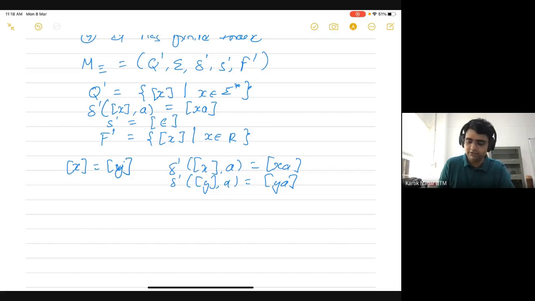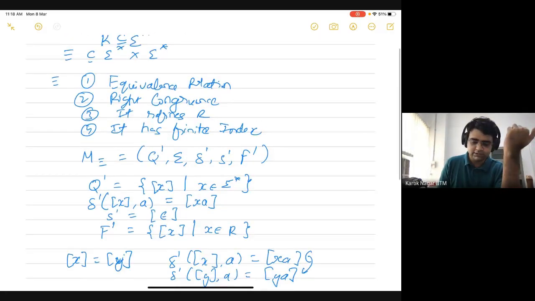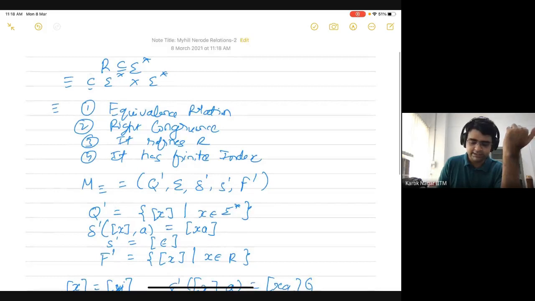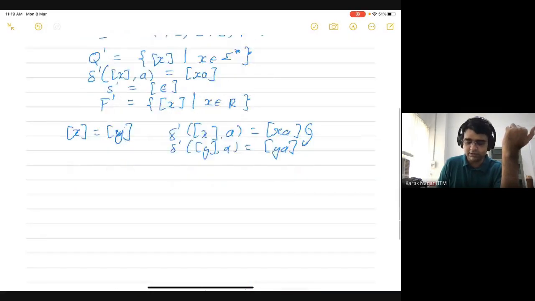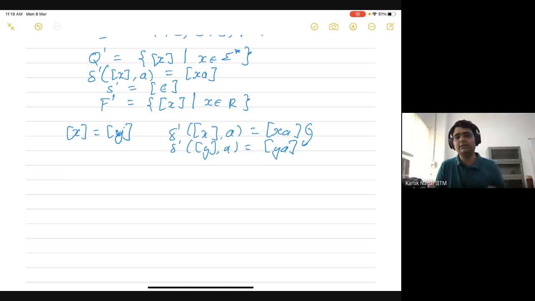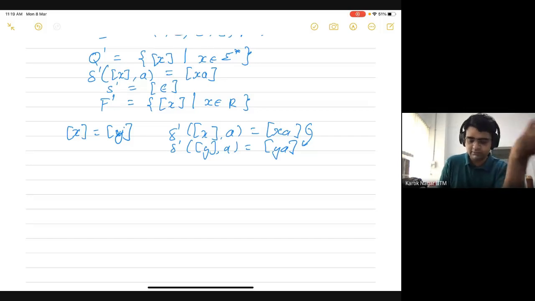So then how do we ensure that these two are the same? Yeah, right congruence. That's correct. Remember that we also assume this property number 2, which says that this relation is a right congruence. So the right congruence property says that if X and Y are related, then XA and YA are also related. So this ensures that this particular delta prime is actually well defined.